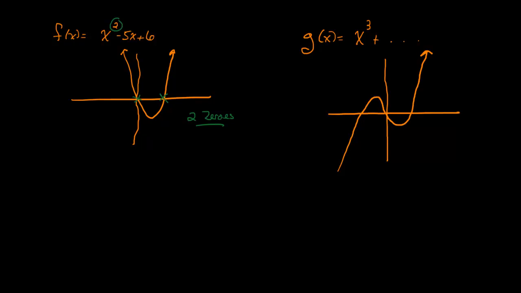It could look something like this. Notice here we have one, 2, and 3 zeros. These are also intercepts and also solutions. They're also roots. So the degree of this polynomial is equal to 3, and we have 3 zeros.